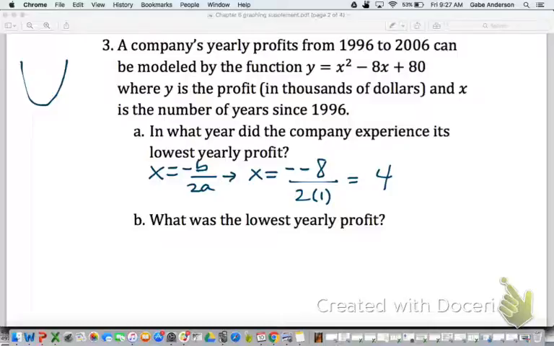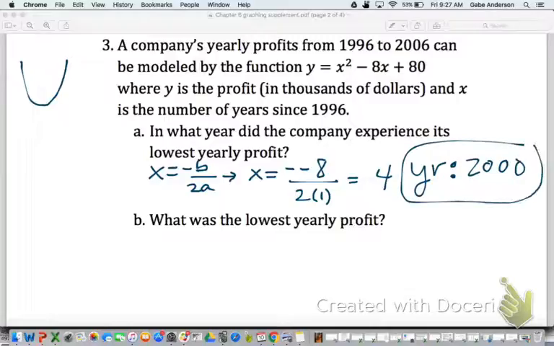Wait, did you say 2004? No, 2000. Well, that makes perfect sense. Good. So 1996 is when x is basically 0. So 4 years later, it would be the year 2000. So the year when they had their lowest profits would be the year 2000.